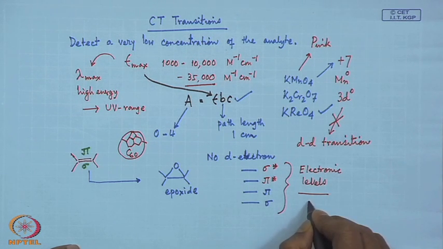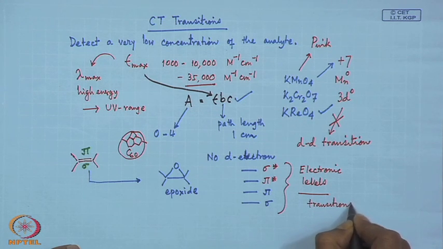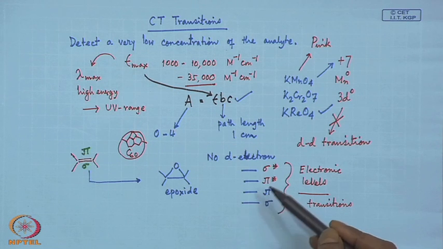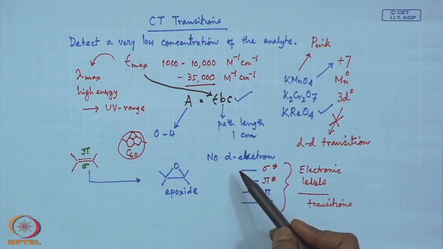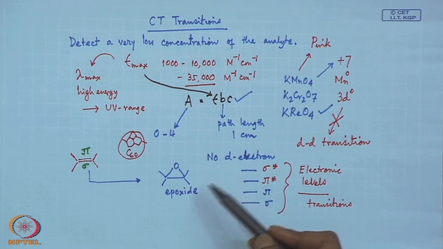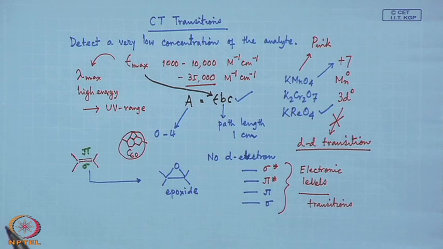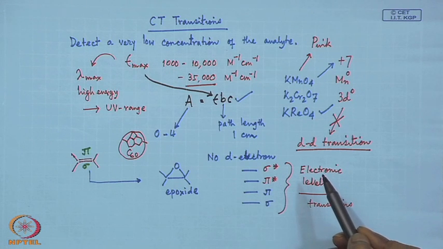So, involving these levels, these are now our new electronic levels which are involved in transitions. If these sigma, pi, pi star and sigma star orbitals are utilized for these transitions, we will find that though we do not have any d electron in the system, the question of any kind of dd transition is no more. So, we have some other type of transitions.